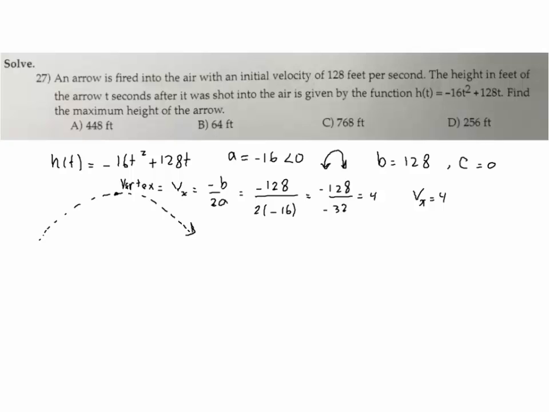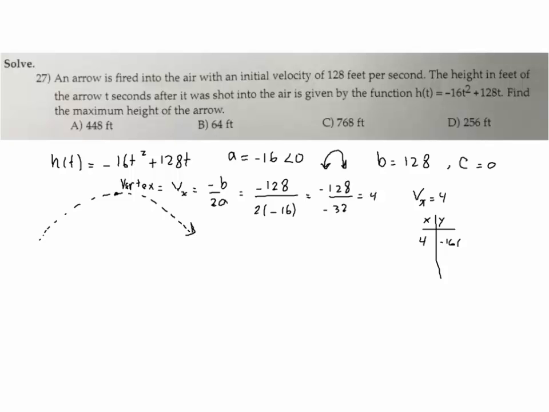So if I want to find the y position of the vertex, how do you find that? What would y be then? Y is really the h of t, right? The height, the maximum height you get.